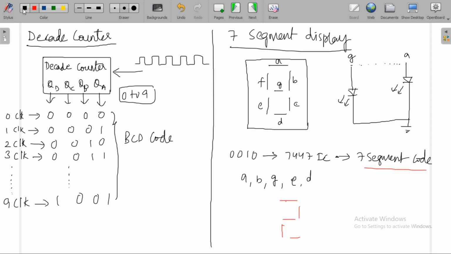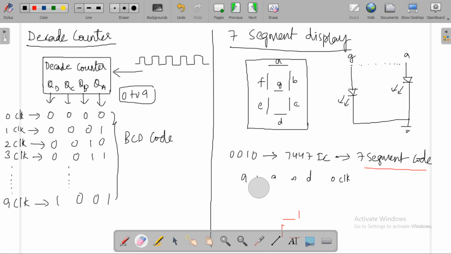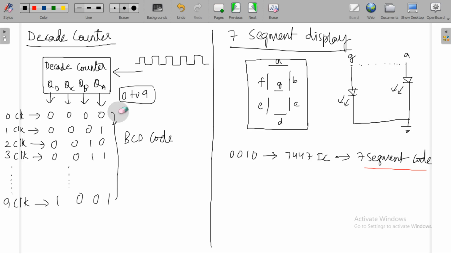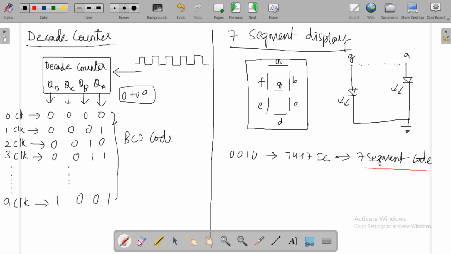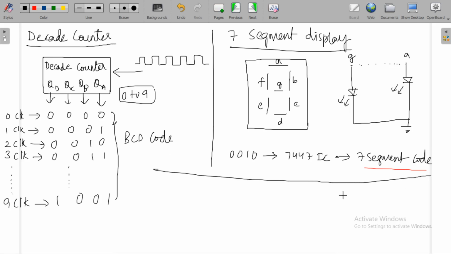Okay, that is, for 0 clock, BCD code will be 0000, and QD, QC, QB, QA.